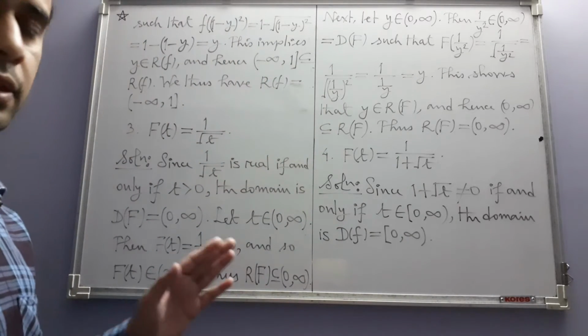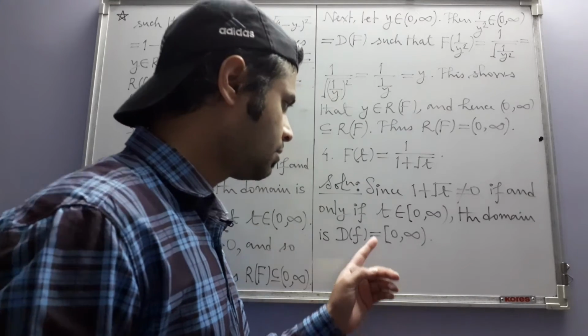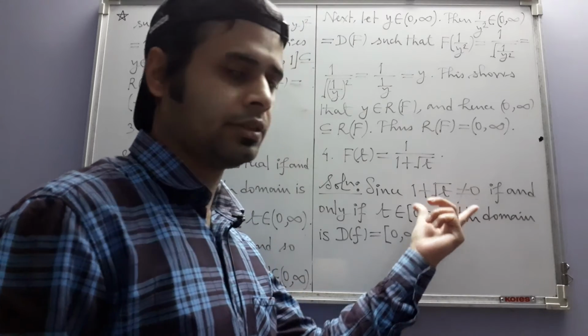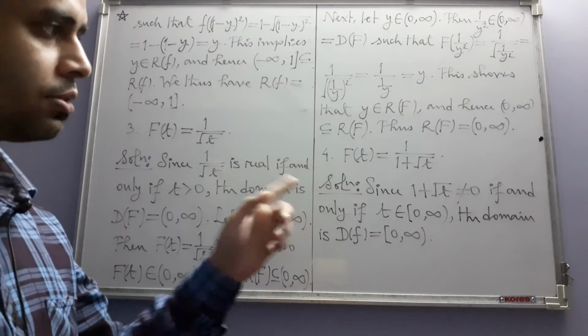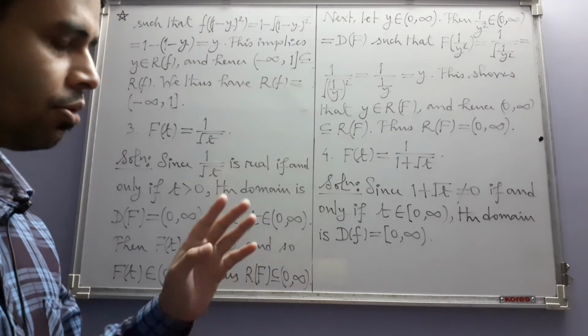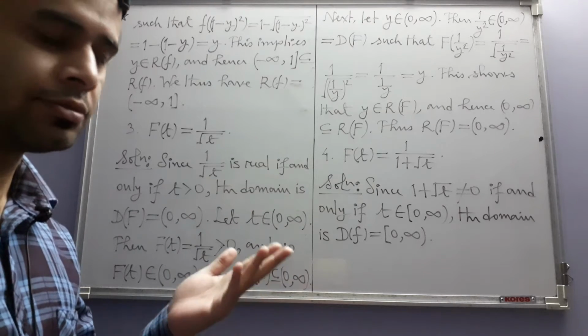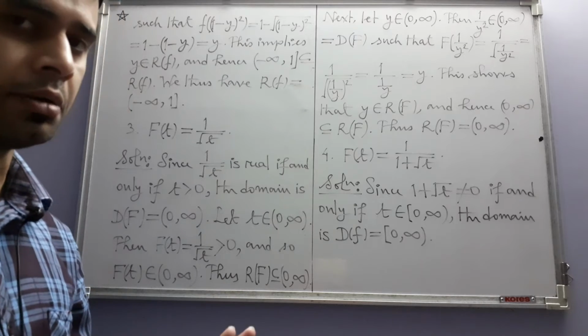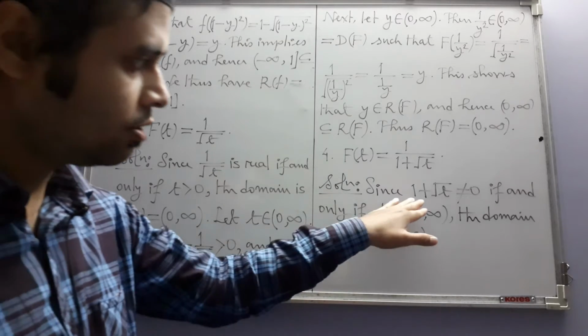Note one subtle thing here. This statement that 1 plus square root of t is not equal to 0 also includes in it the fact that 1 plus square root of t is a real number.